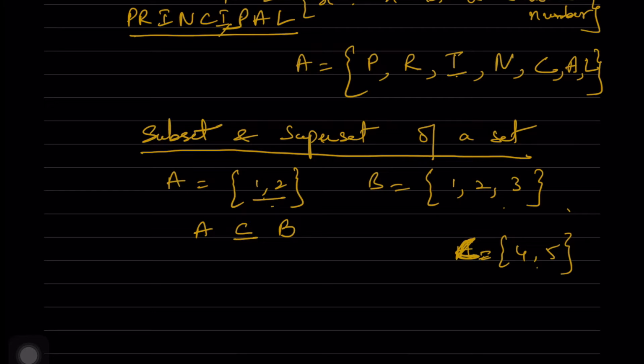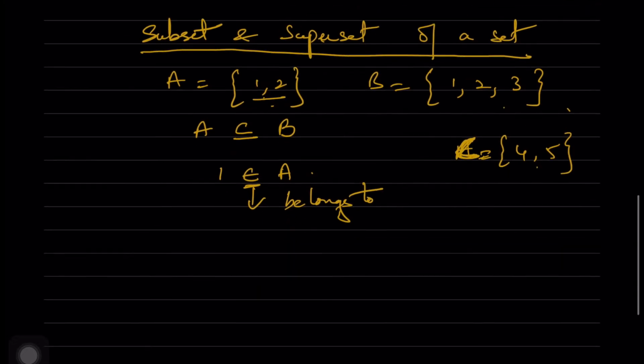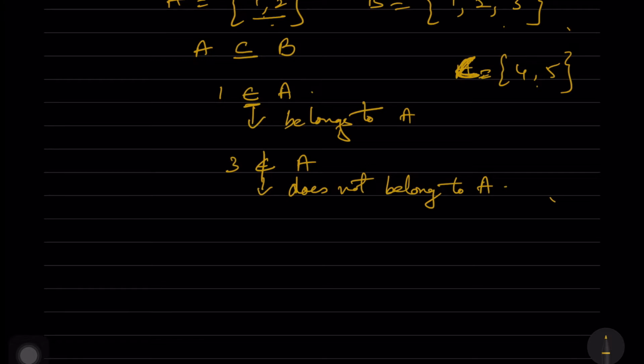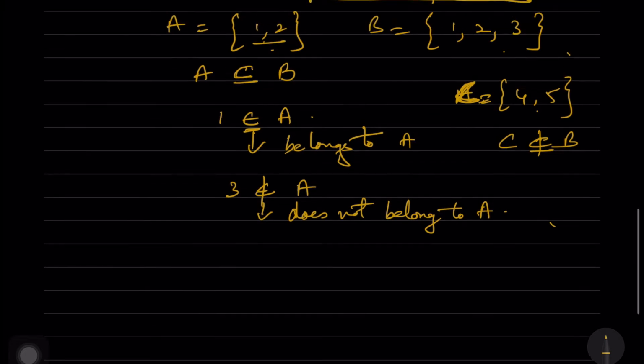So that's why A is a subset of B, and you can tell that 1 belongs to set A. This is denoted as belongs to, and then you can also tell 3 does not belong to A. Now here you can write C is not a subset of B. This is denoted as subset, and if it is not a subset, you put a line through it and tell that C is not a subset of B.